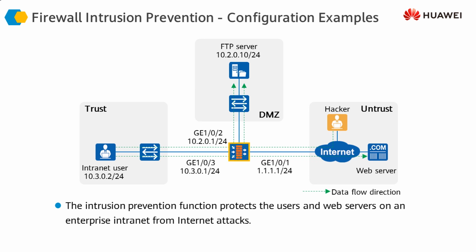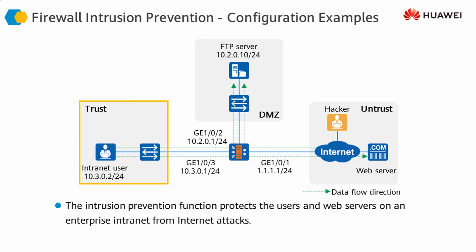This is a firewall which is connecting to the internet on one side, connecting to a DMZ which can have our servers, and we can also have the firewall connecting to our trust zone, our internal users or intranet users. The traffic coming from the internet towards the FTP server needs to be protected.